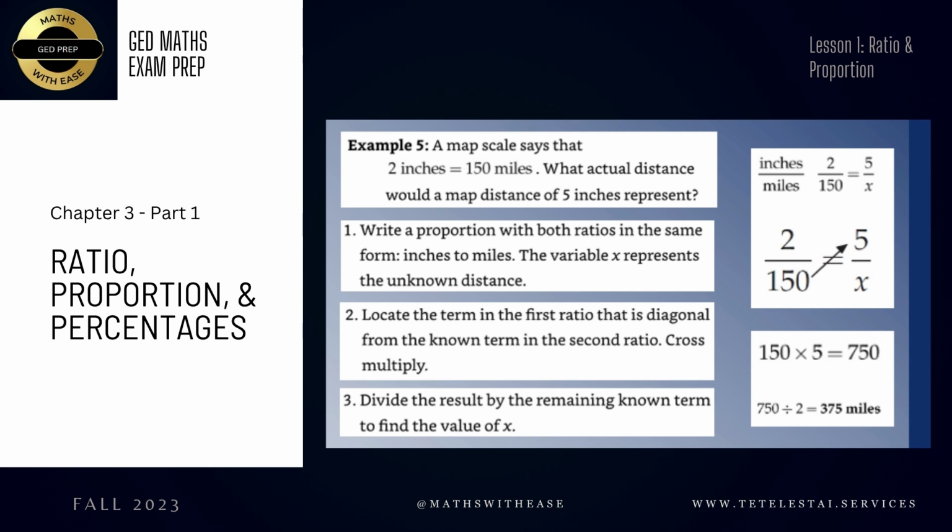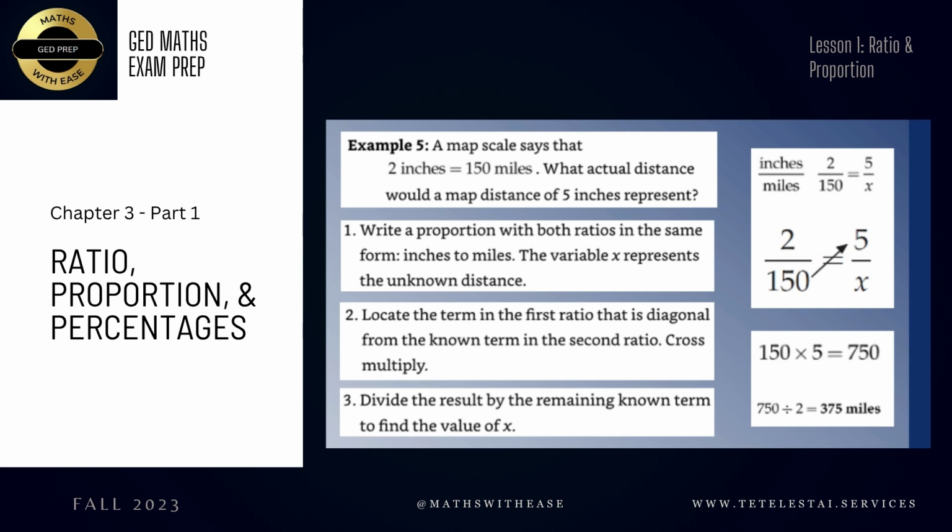So write down your inches to miles. We're starting off with 2. The problem tells us that every 2 inches is the equivalent of 150 miles. So you're going to write 2 to 150 is equal to 5, right? Because it's asking what distance 5 inches represents, so that equals 5.